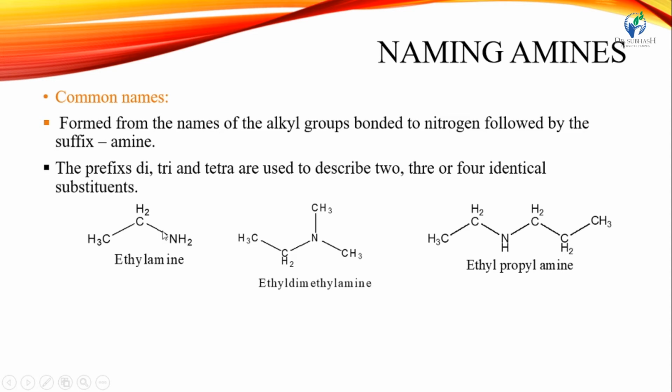Nitrogen attached to one carbon chain is called primary. Nitrogen attached to three alkyl groups is called tertiary amine.